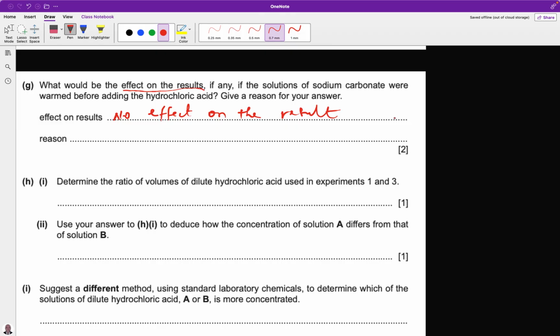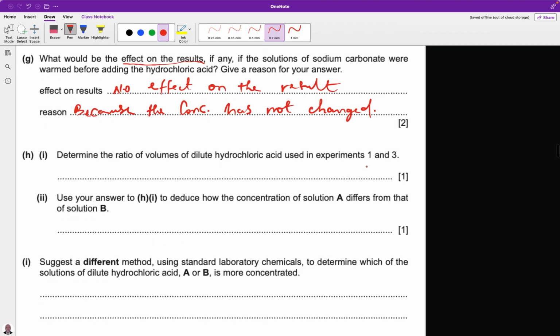Our reason is that the concentration has not changed. No effect on the result because the concentration has not changed. It only helps to speed up the rate of the reaction.